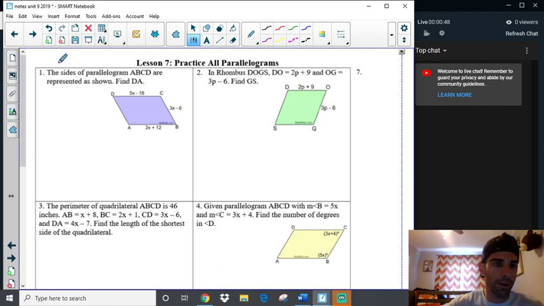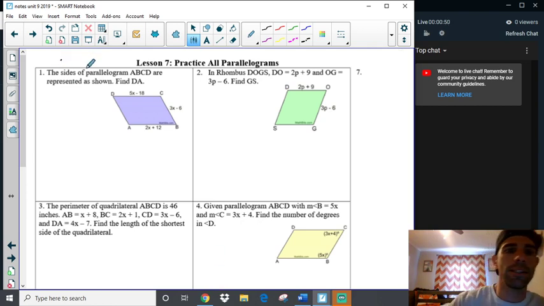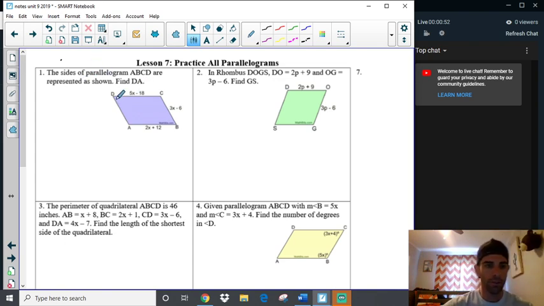So question 1. The sides of a parallelogram ABCD are represented as shown, so find DA. Okay, so remember, parallelogram opposite sides are congruent, so in order for me to know DA, I would need to know CB. But I have nothing for CB. What they did give me was CD and AB. And same thing, the opposite sides are congruent. So in math, congruent, remember, it means equal.